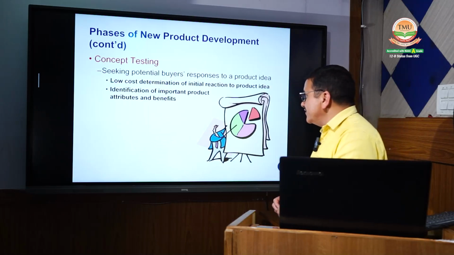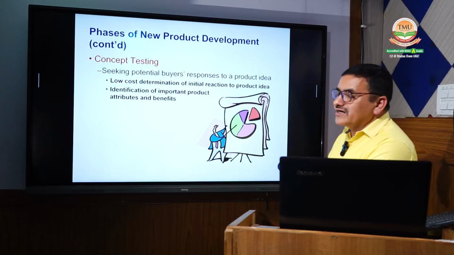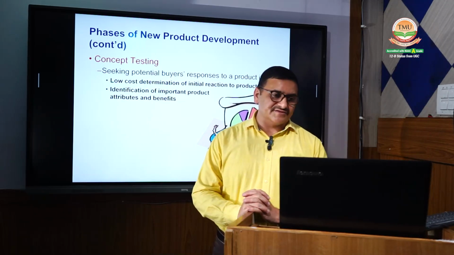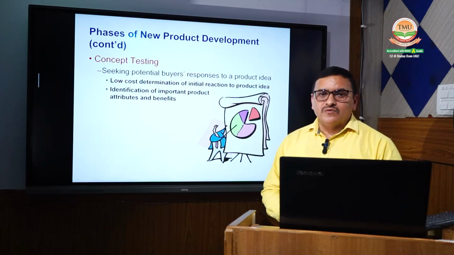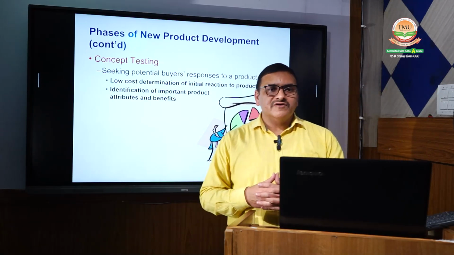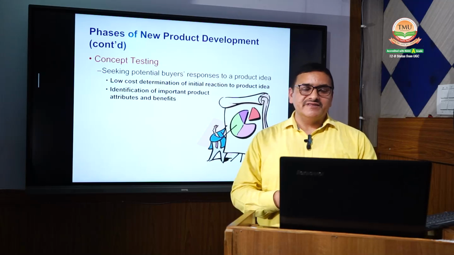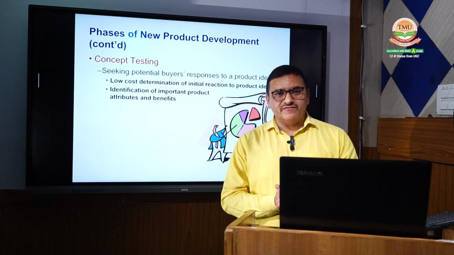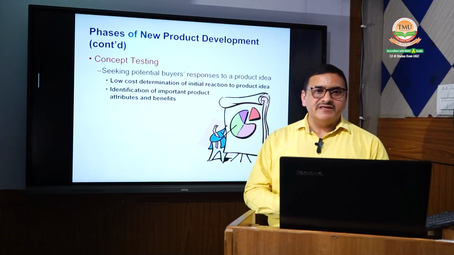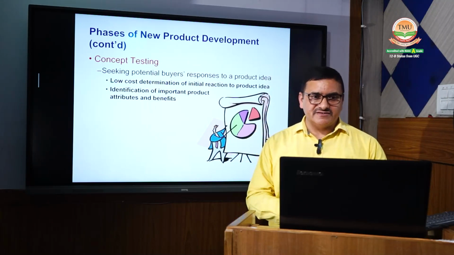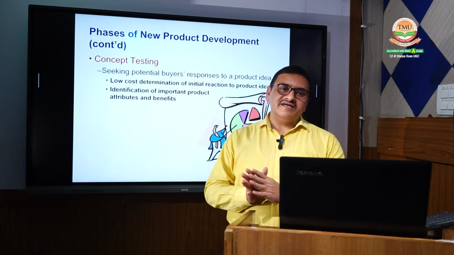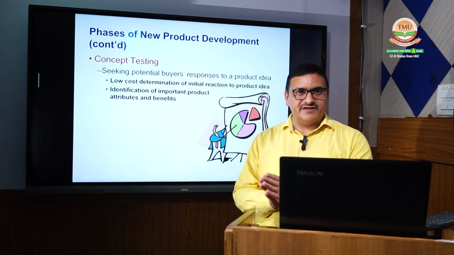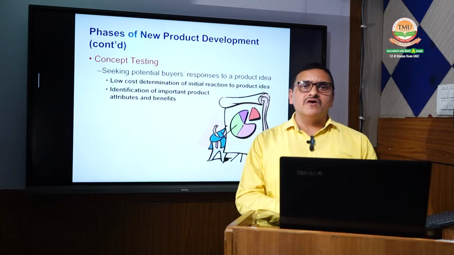Then we also have to identify all the important product attributes and benefits which we will be delivering in terms of the new product or services. Attributes and benefits means what type of product we are providing, what variants we will be able to provide, what will be the design of the product, what will be the line extension, what actual benefit the product will be delivering to the customers, what will be the warranty or guarantee aspects related to the product, what after sales initiatives the organization will take for successful market profitability of the product or staying in the market for a long duration of time.